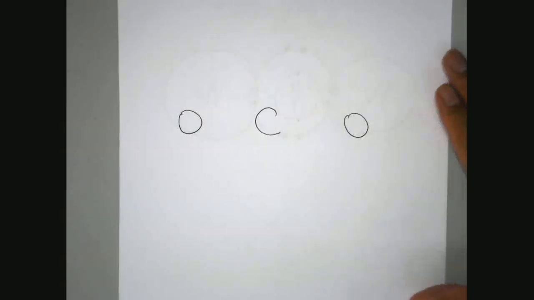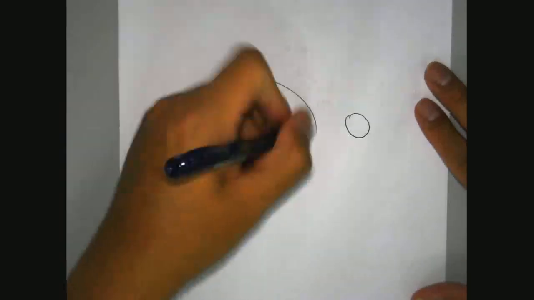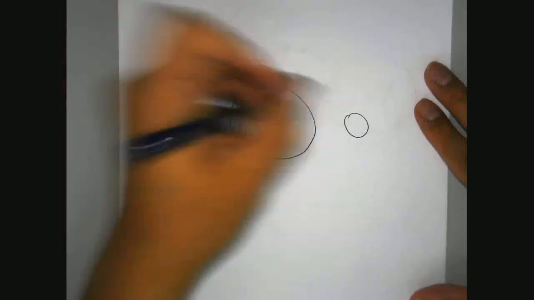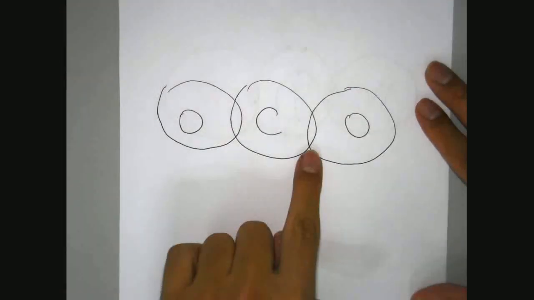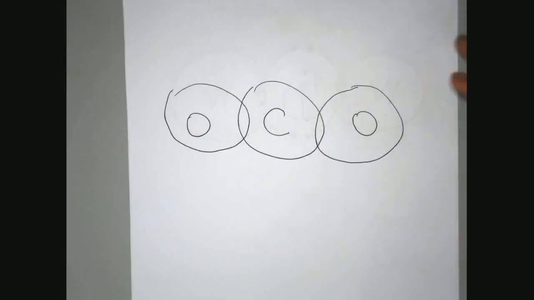So do remember, we are drawing a covalent bond, wanting to share electrons. To share electrons, we must draw a circle with some overlapping. We need to draw some overlapping to show that the electrons are being shared. As usual, when you come to covalent bonds, sometimes we have no idea how many electrons they should share.